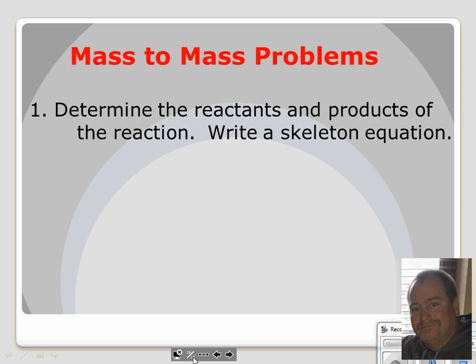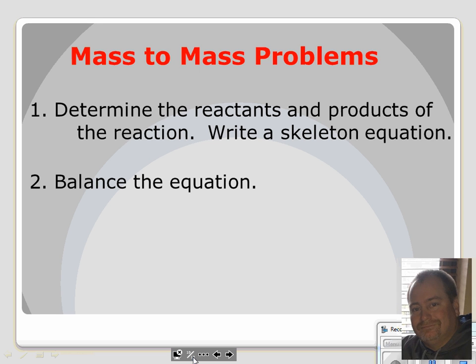This, folks, probably some of this will help you with your lab today also, finding that balanced equation. So the first step is to determine the reactants and the products of the reaction, write a skeleton equation.